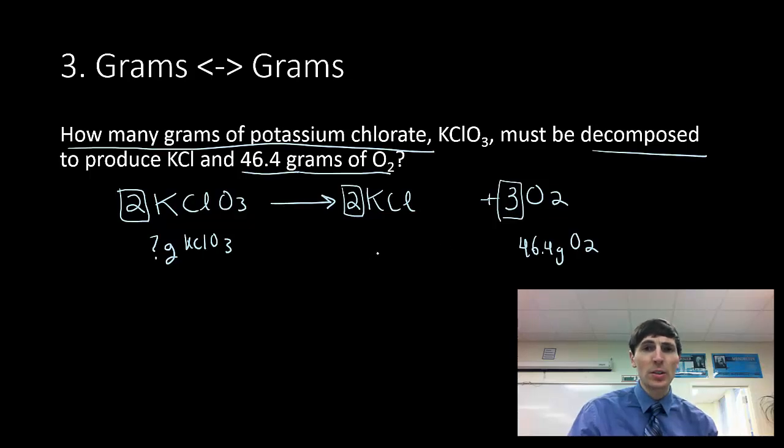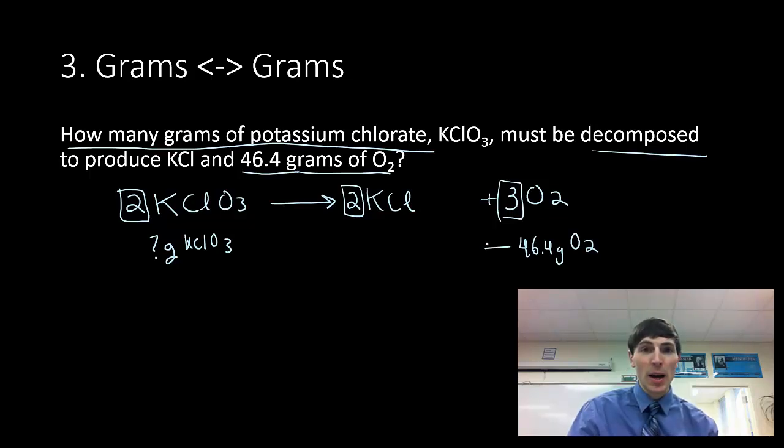So what we need to do is map out a plan for how we're going to get from grams of O2 all the way over to grams of KClO3. Can we convert from one quantity to the other? We can, but we must use the mole-to-mole ratio of the balanced equation. That implies we need to convert to moles before we can use that ratio.